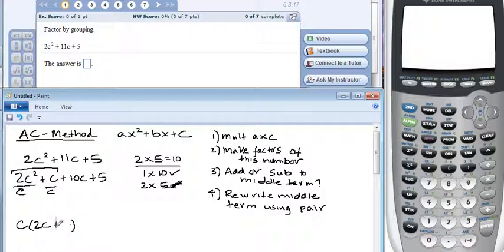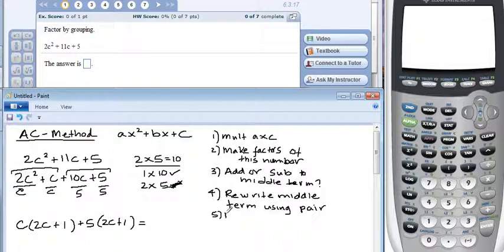This becomes a positive 1. Now I'm going to group these, I have a 5 that's in common with those. I'm going to see what's left. Well, this is a 2, got the c still. This is a 1. See how I forced those to be the same again? So now I went from 3 terms to 4 terms down to 2 terms. What do these 2 terms have in common?